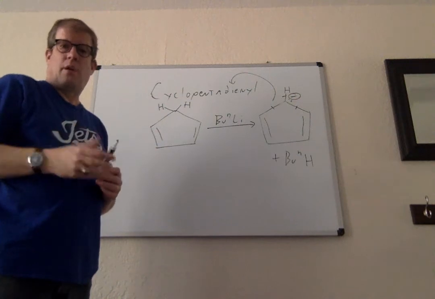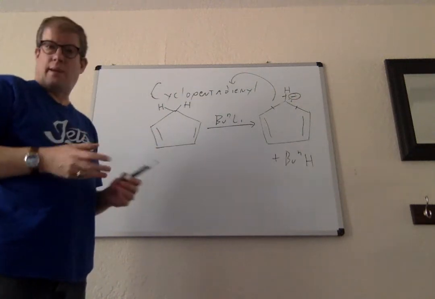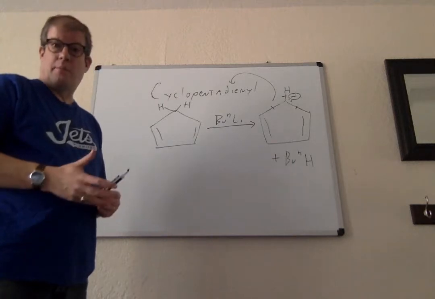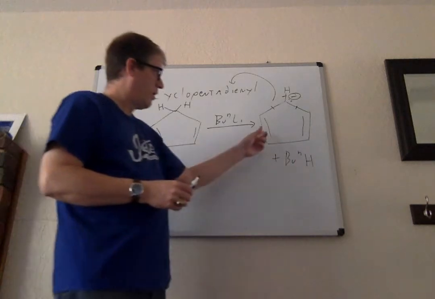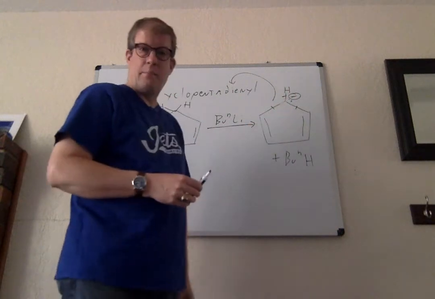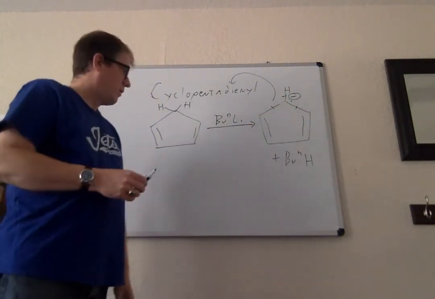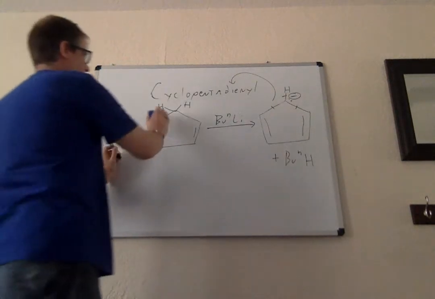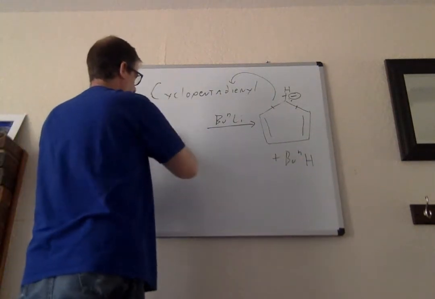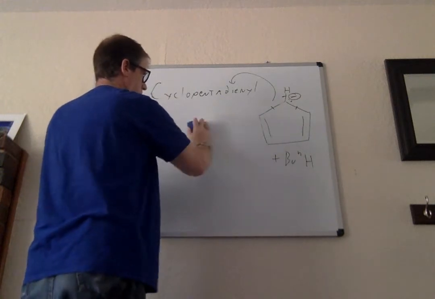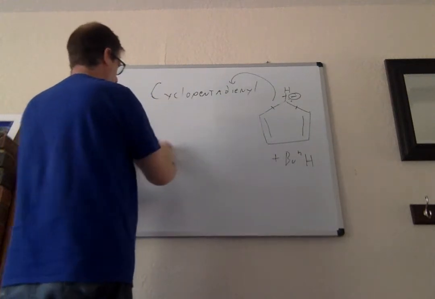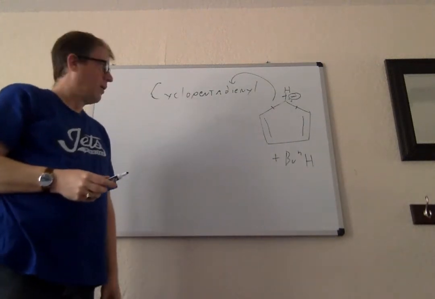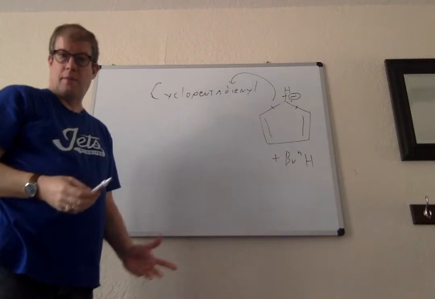Now, one of the things you might note, if you remember back to organic class, or even if you've not had that, and maybe you haven't seen this before, but we have 2, 4, 6 pi electrons, right? And whenever that happens, and you have a delocalized pi system, what you get is an aromatic compound.